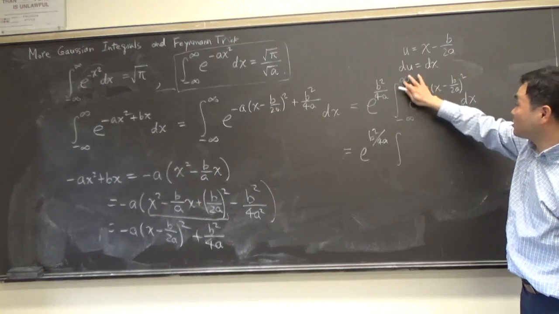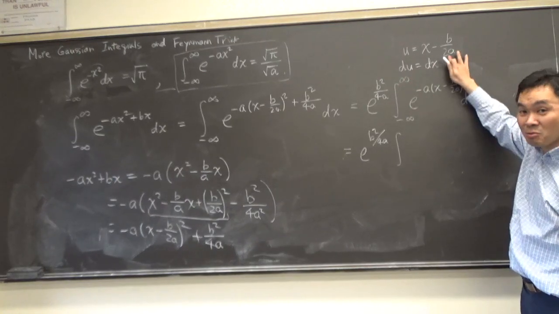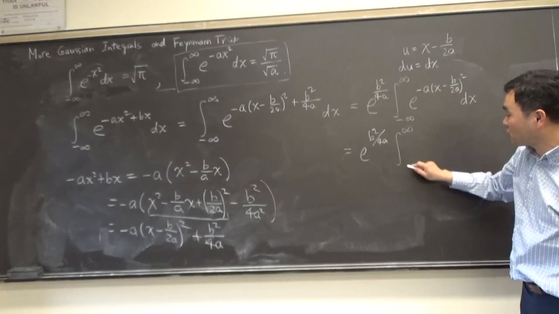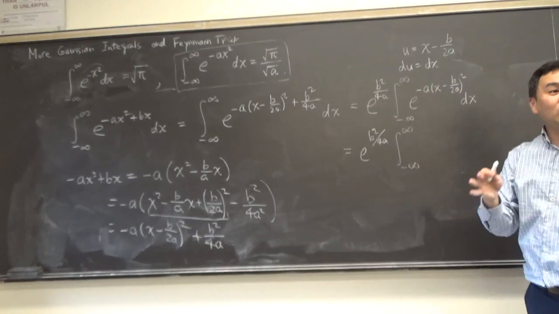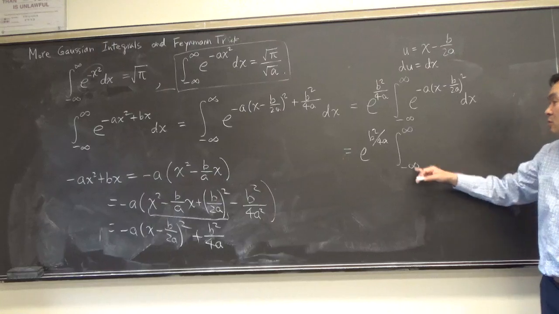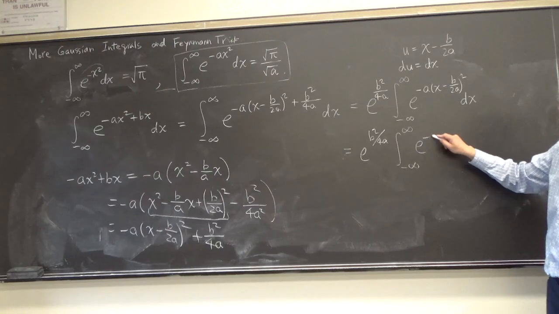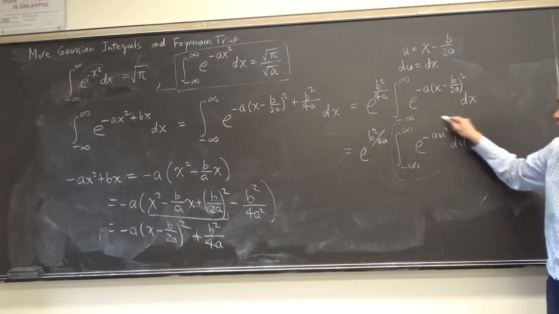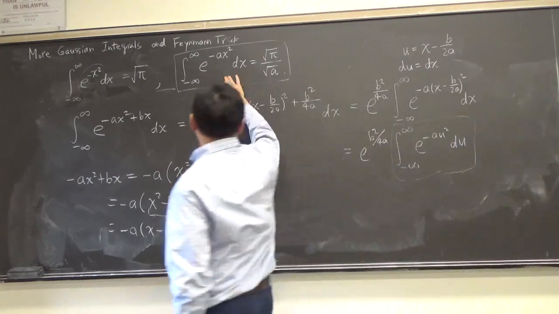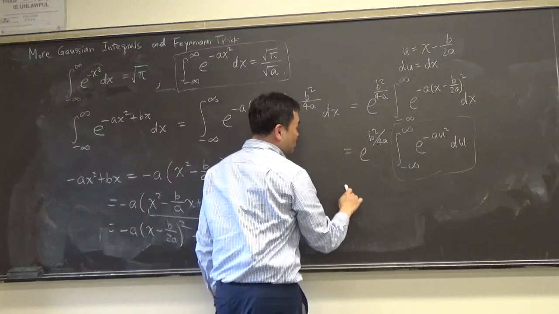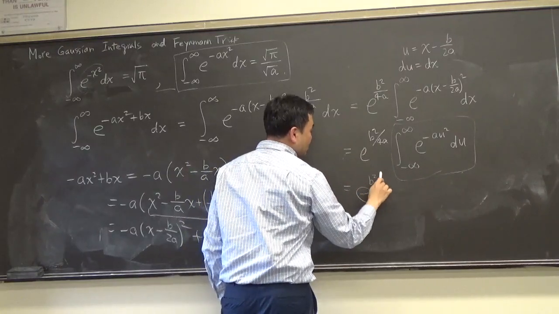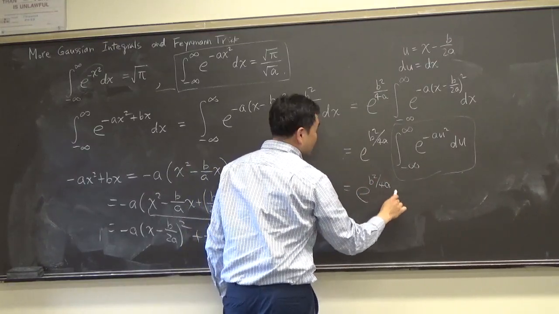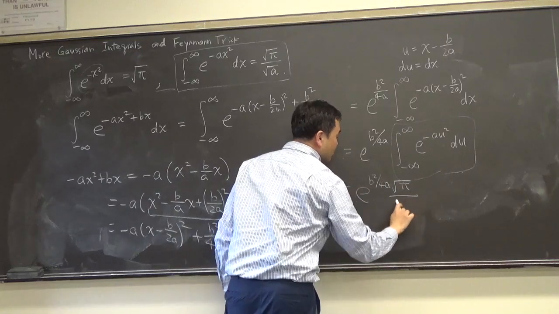Infinity minus some number is infinity. Negative infinity minus some number is still negative infinity. So these bounds don't change. Normally you do have to change the boundaries, right? But these don't change, and you get e to the negative a u squared du. And now you see that this is exactly the same form as this form. So that's going to be e to the b squared over 4a times square root of pi over square root of a.